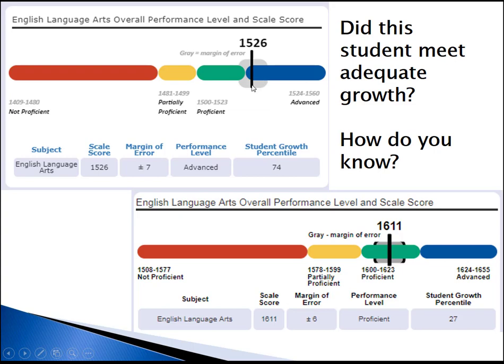One way that we can define likely improving is if they scored greater than this confidence interval that you see on these M-STEP reports. These are set to 1 standard error. So if they scored greater than that 1 standard error, we could say that they likely improved.